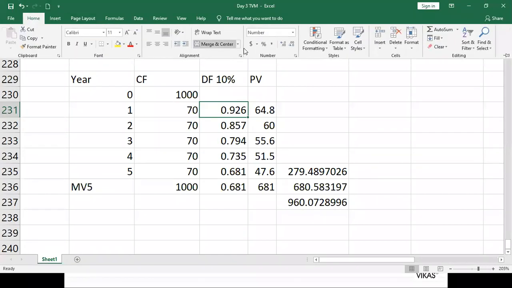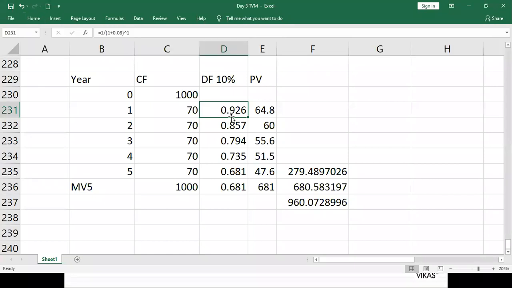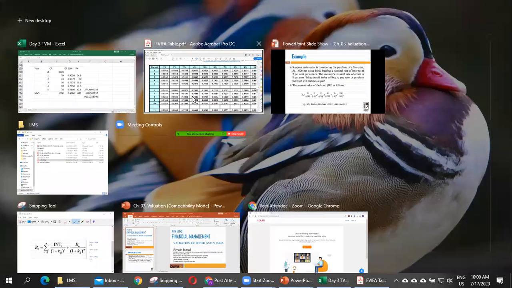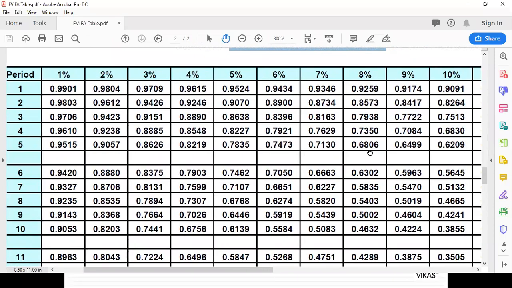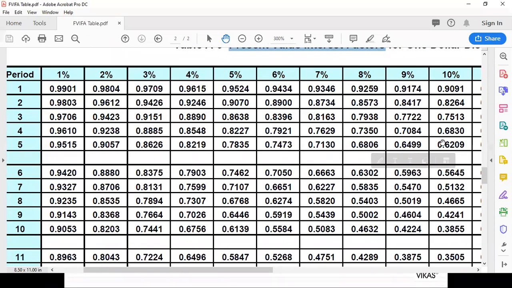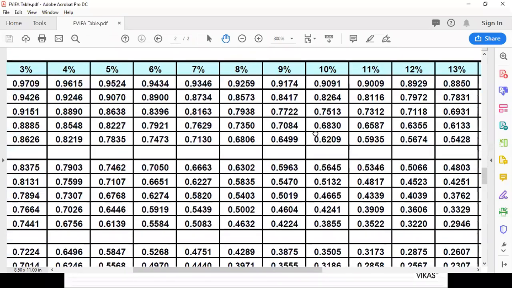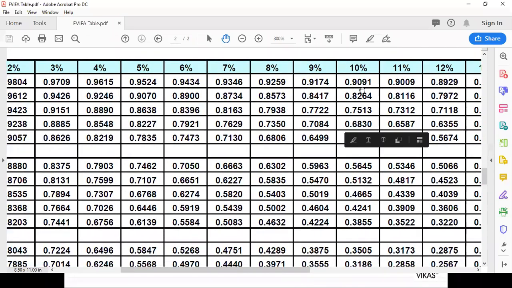We can take this value from here. Right, now we will do the calculation at a 10% discount. The discount factor is 10%, right? Then we can take this value from here.